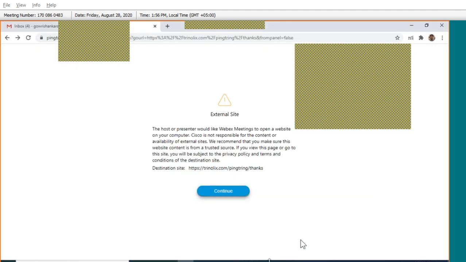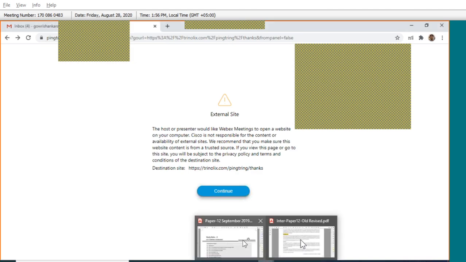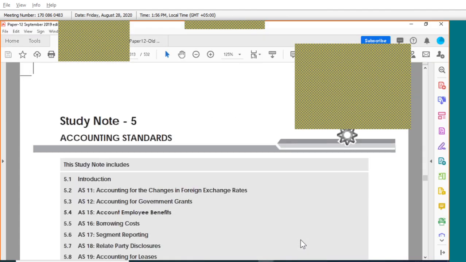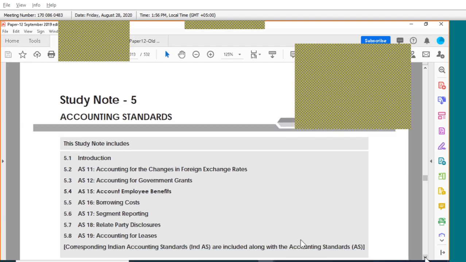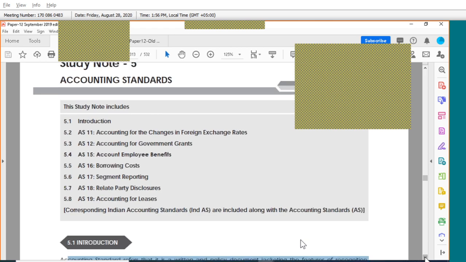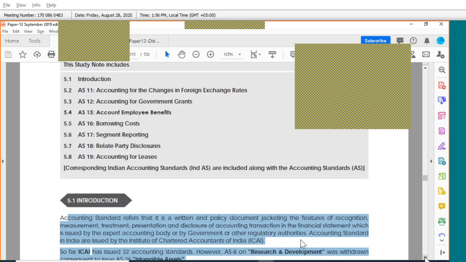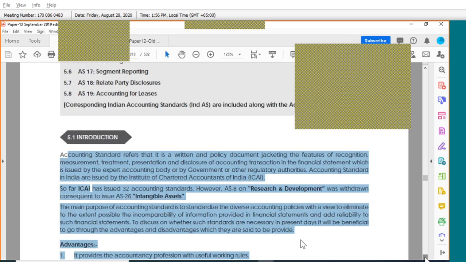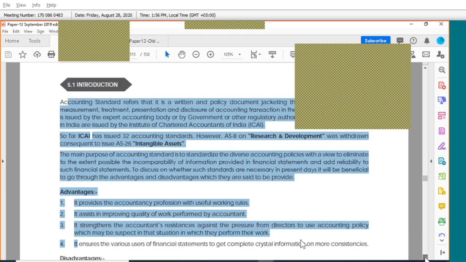So continuation. What is the next thing? After advantages, disadvantages.